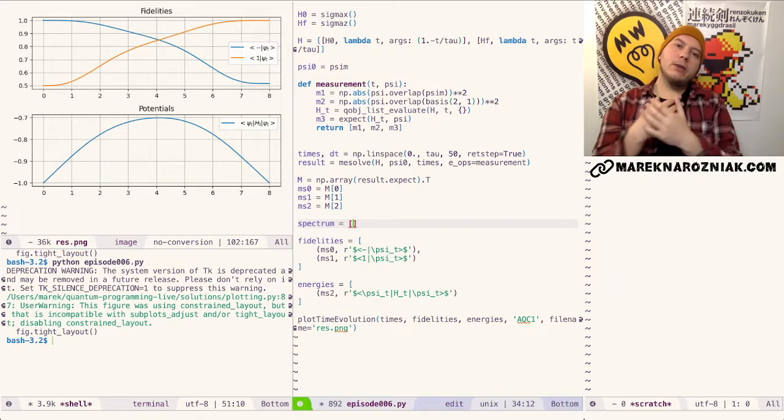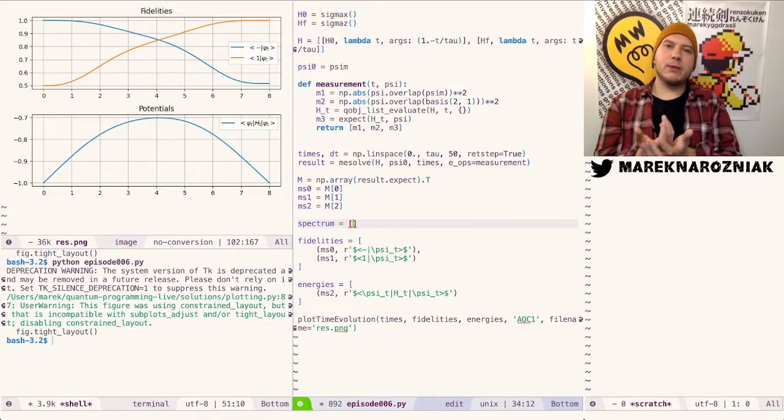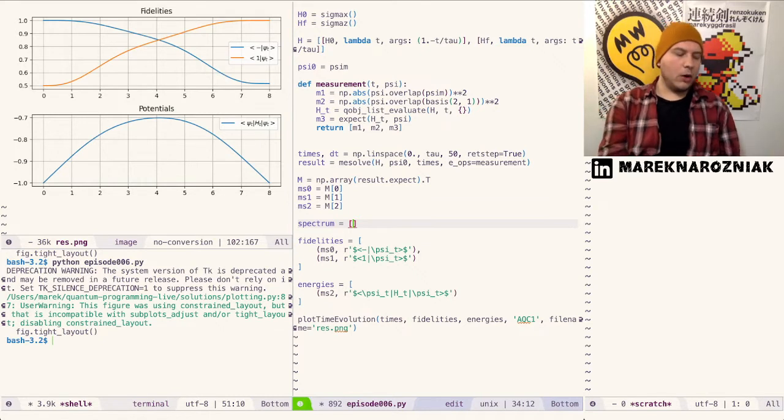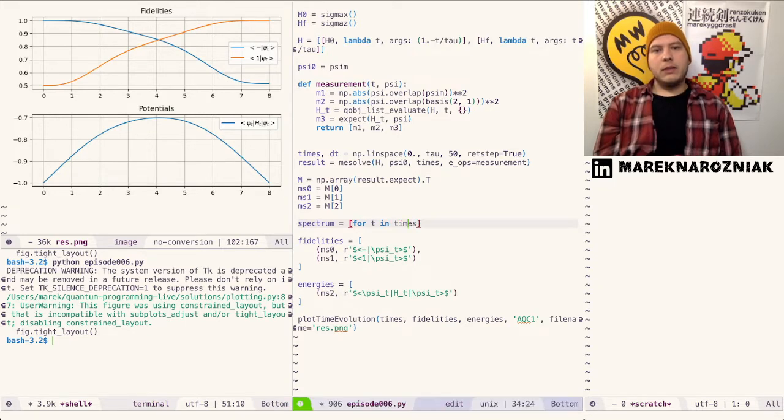We can compute the eigenspectrum, but it needs to be a Hamiltonian evaluated at a particular moment of time. It cannot be a time-dependent Hamiltonian. So we will need all the moments of time: for t in times. Now we need to find a way to compute the energy spectrum at this particular moment of time.